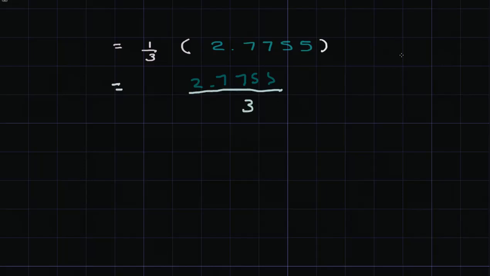All right, so you can use long division. You can divide 2.7755 by 3 and get the answer for the division. So what is it going to be? You can do the long division and get the answer.